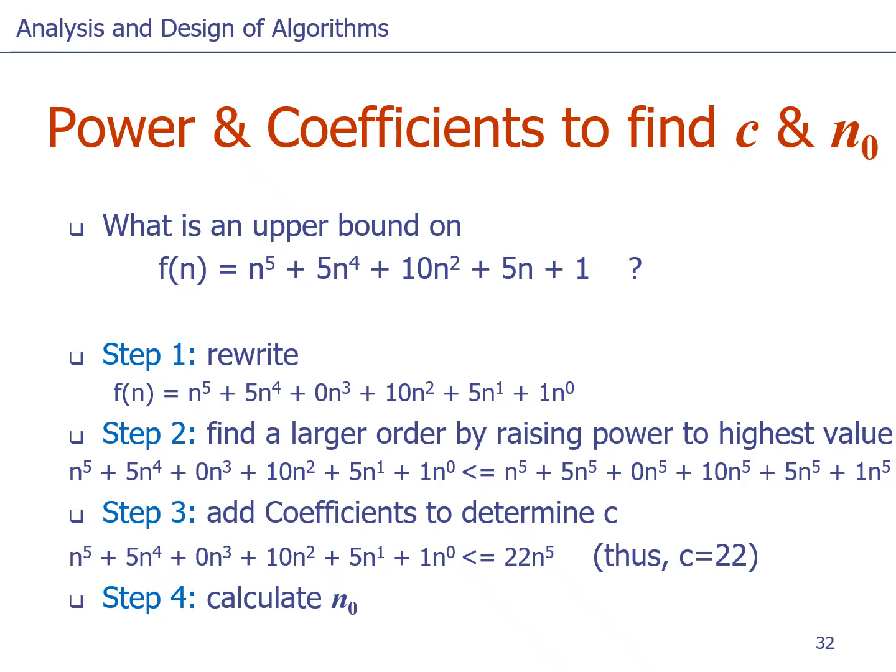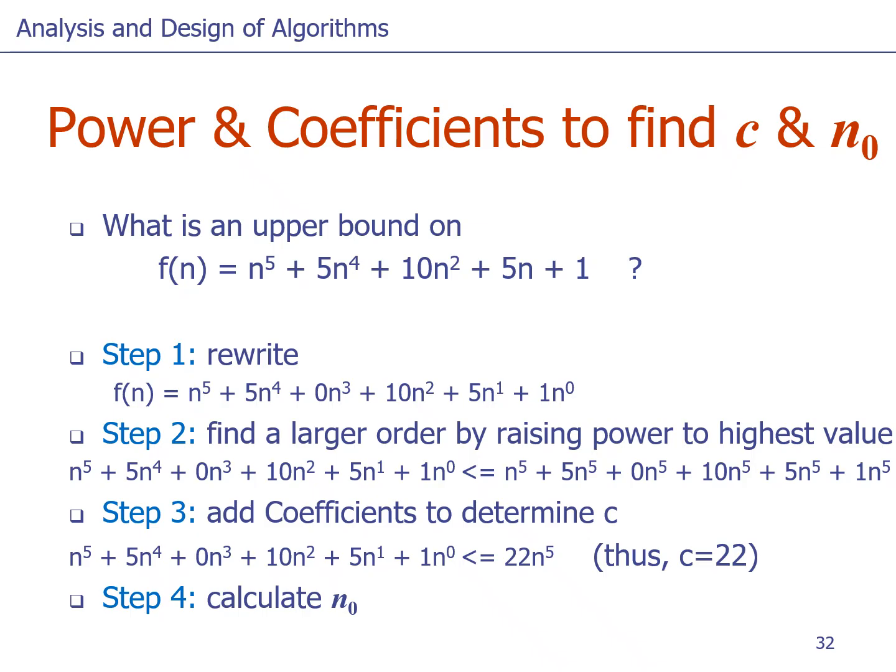What does that mean? I'm going to say, okay, this is the term I'm looking for an upper bound for, or a worst case for. So if you think graph-wise, I'm looking for a curve that's above it. To find that curve easily, I'm going to say the following. This term, n to the 5 plus 5n4 plus 0n3 plus 10n squared plus 5n plus 1, must be less than all the n terms raised to 5.